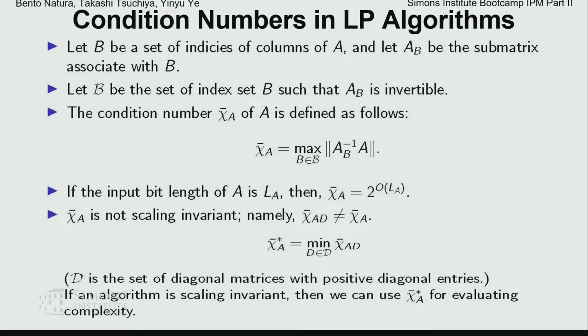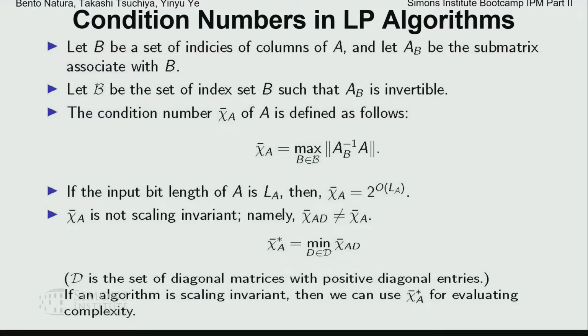Let B be a set of indices of columns of A, and let A sub B be the submatrix associated with B. We assume this matrix is linearly independent, so it will be invertible. You don't have to take all of them, only the invertible ones.